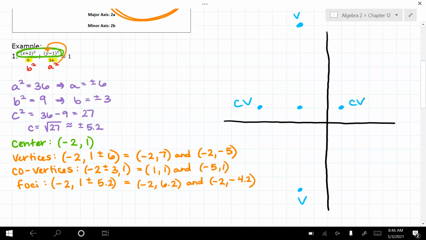All right, so let's go ahead and sketch this ellipse in. And then let's do our foci. Like I said, those should be really close to your vertices. So you're going -2, we're going up 6.2.